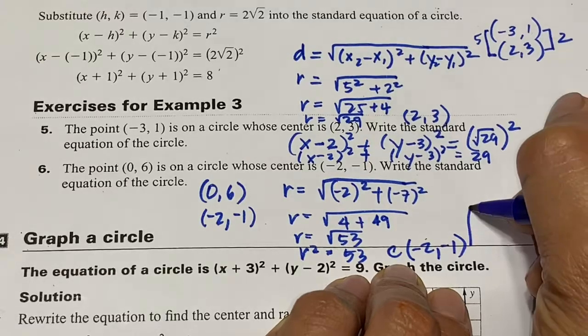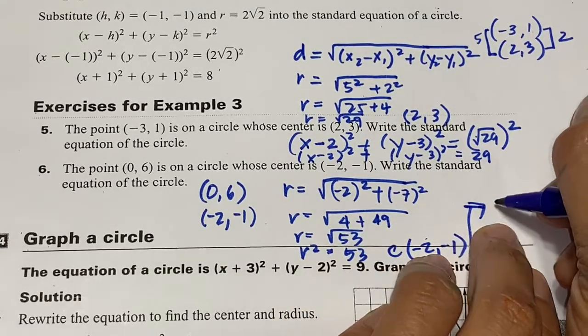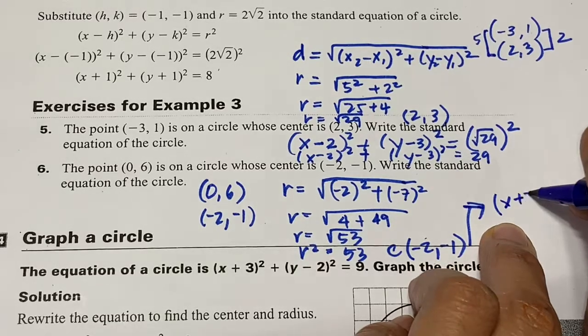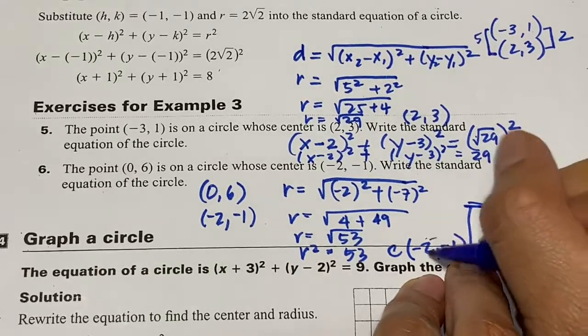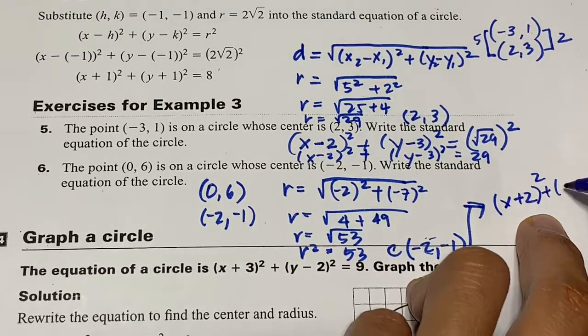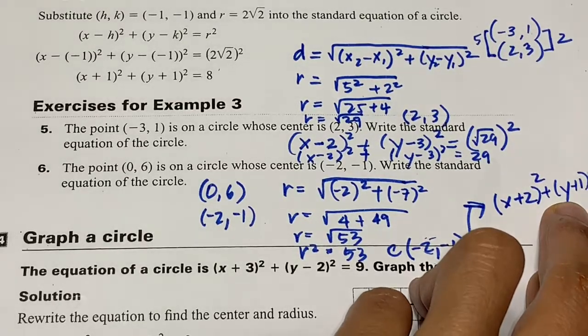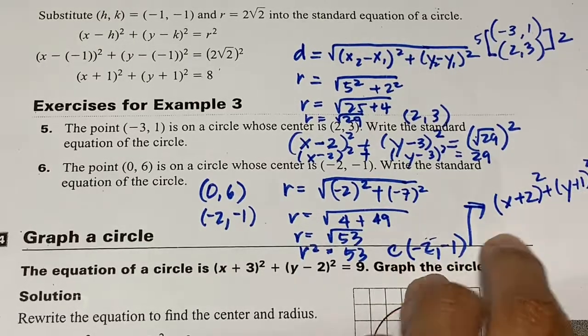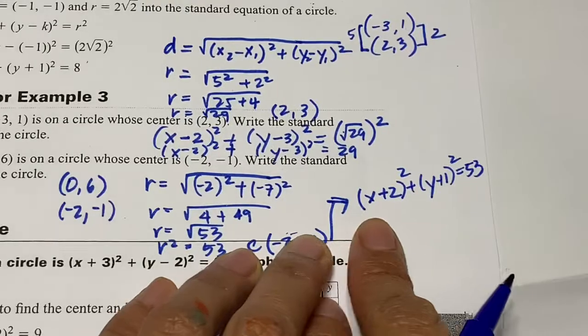So you plug it in. So that's going to be x plus 2. Again, the coordinates will switch signs because the formula is negative. Plus y plus 1 squared equals 53.